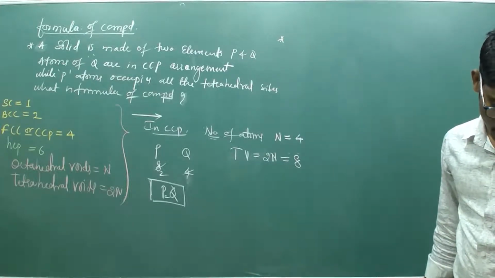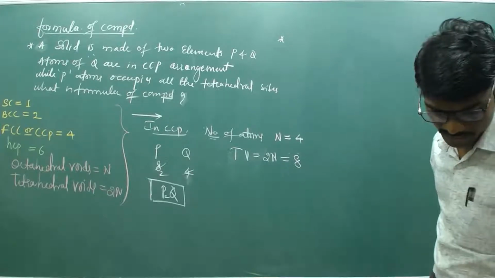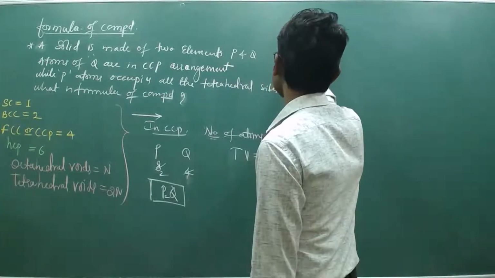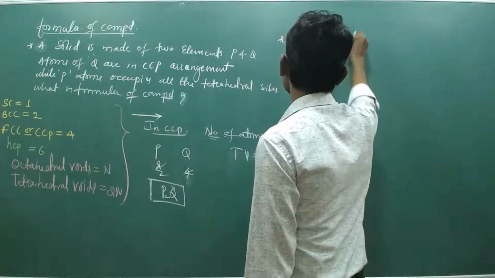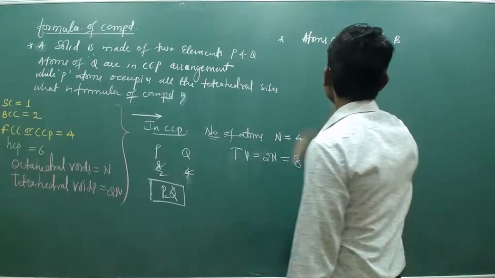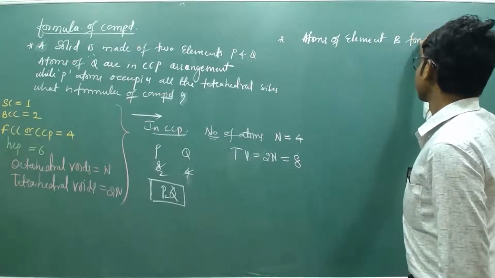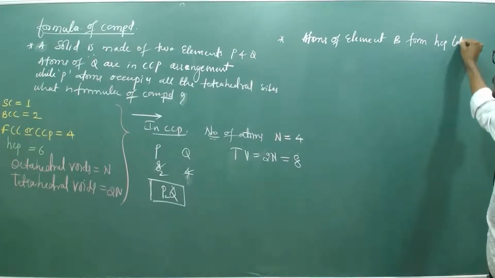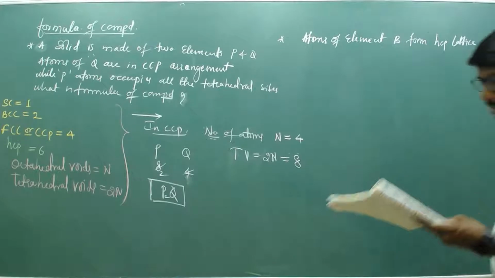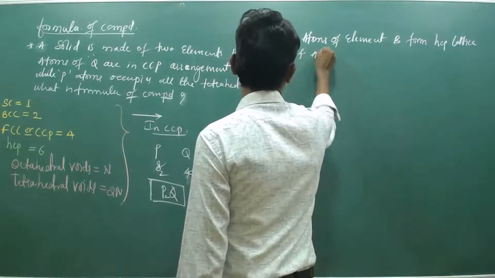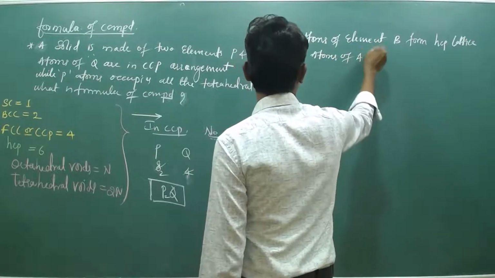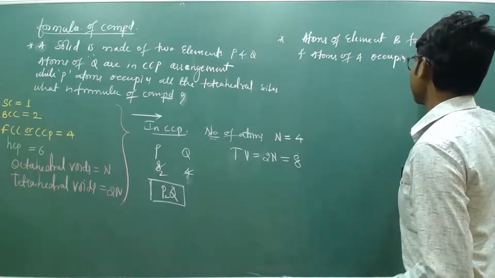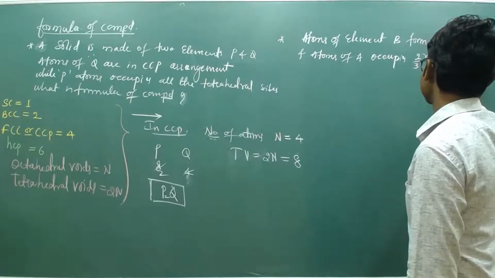Atoms of element B form an HCP lattice, and atoms of A occupy 2/3 of the tetrahedral voids.